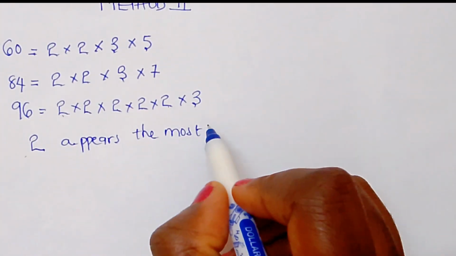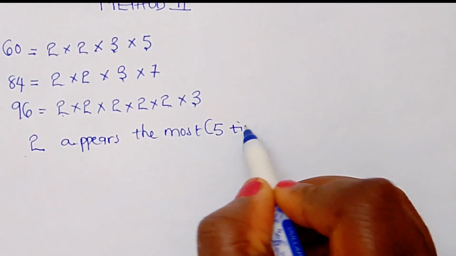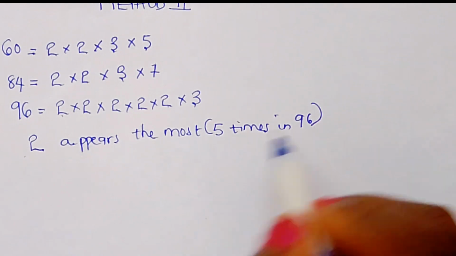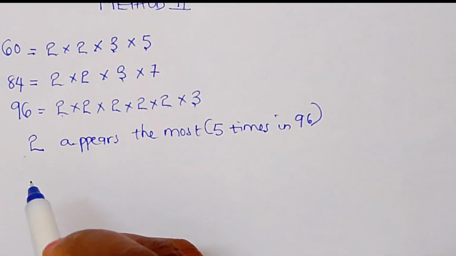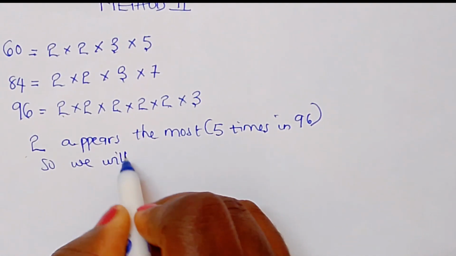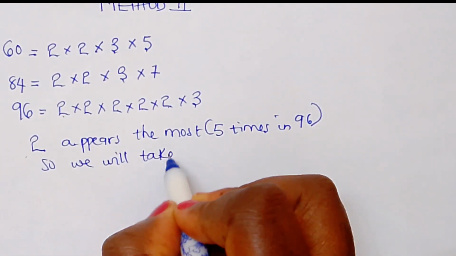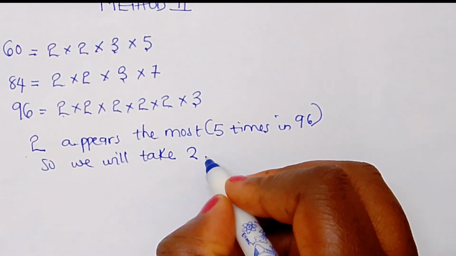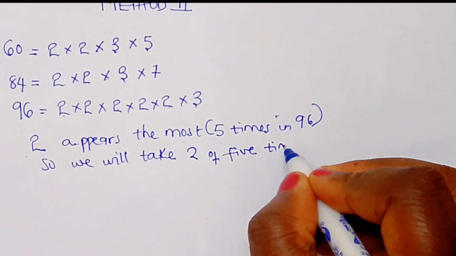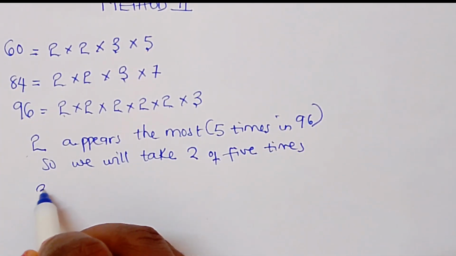It appears 5 times in 96. Right, so we'll take 2 five times. Do you understand?